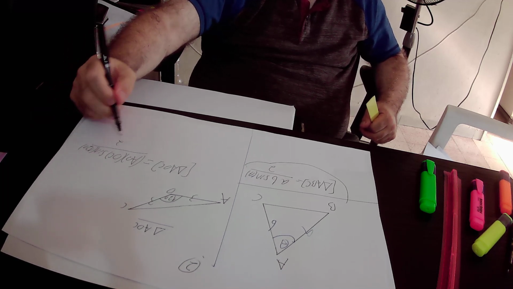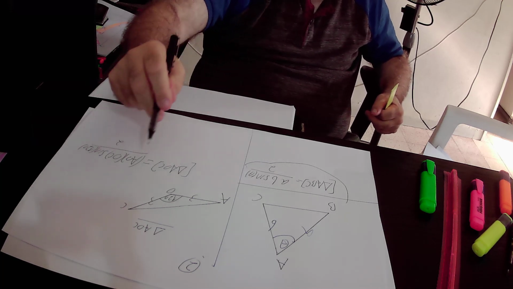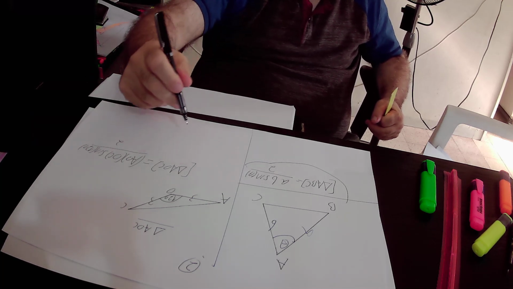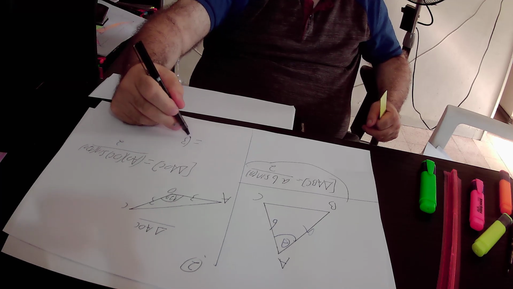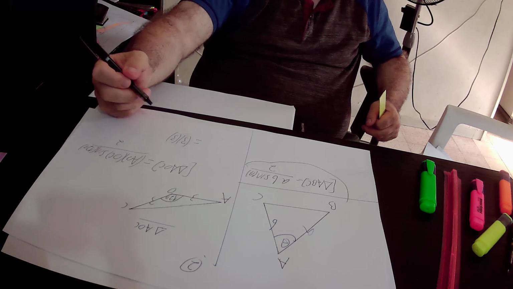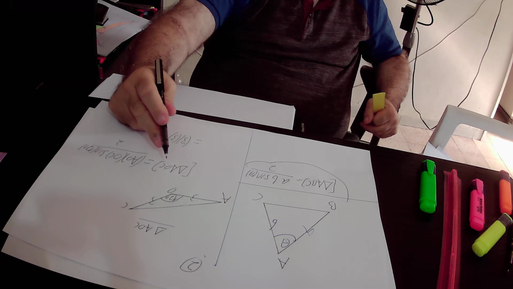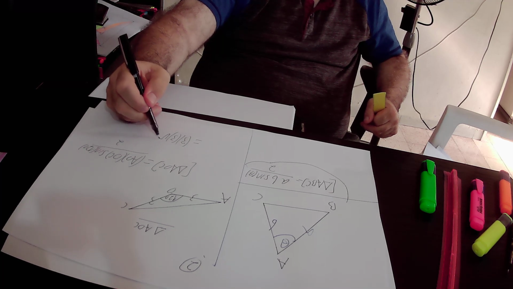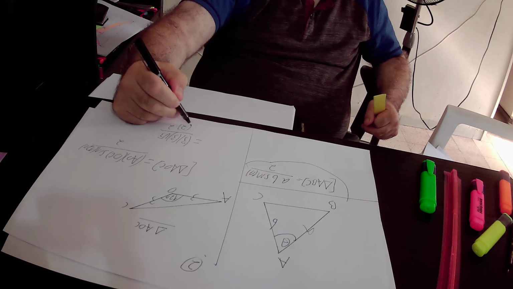Repeat again, the area of this triangle AOC according to the new formula equals AO times OC times sine 120 degrees over 2. AO equals 3, OC equals 3, sine 120 degrees equals square root of 3 over 2, all divided by 2.